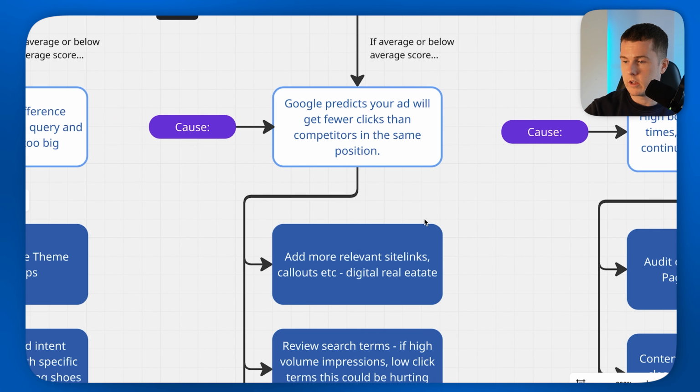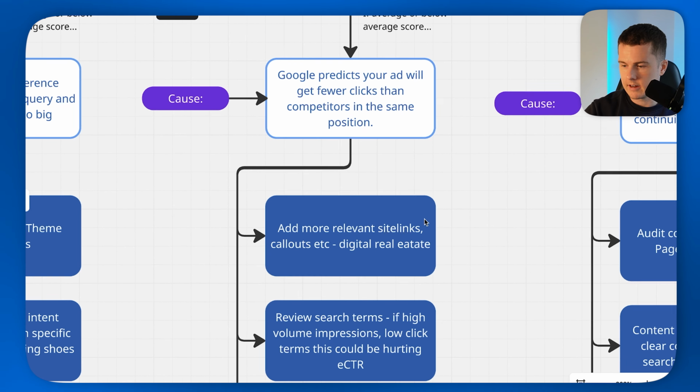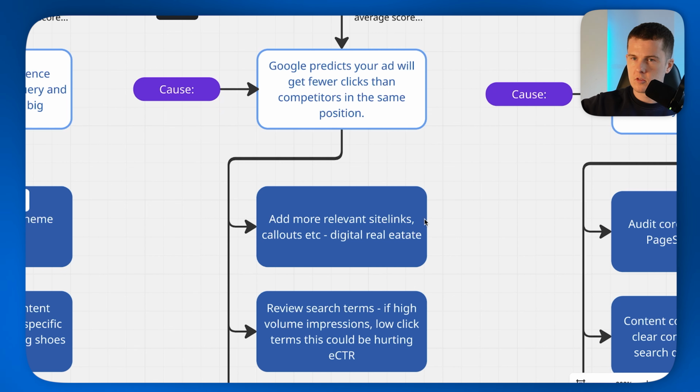So what are we going to do to improve our expected click-through rate? One thing we can do, which is almost primitive, is add more relevant site links, more callouts, and ad extensions. Ad extensions are, like the name suggests, little snippets of information that you add to your ad. The basis of it is that it should give the end user more information as to why they might click on your ad.